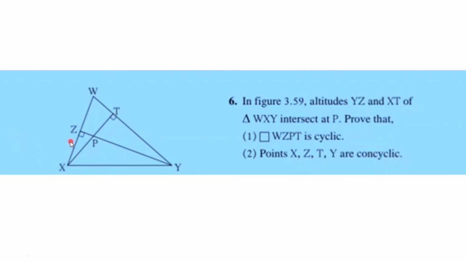As you can see in the diagram, points X, Z, T and Y are concyclic. That means if we have a quadrilateral joining these four vertices, that is X, Z, T, Y, we have to prove that that quadrilateral must be cyclic.